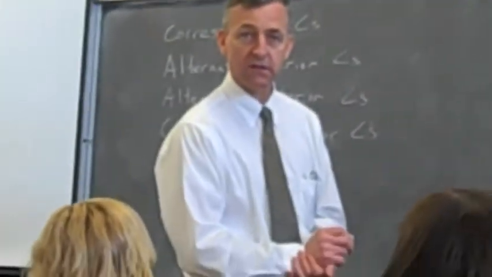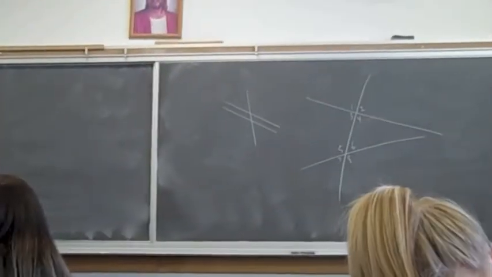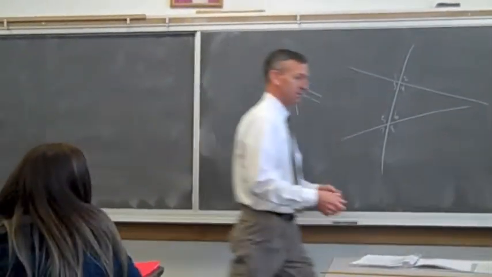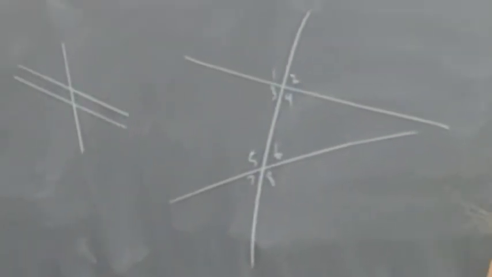Are we guessing? Did you guys do this? 4, 8, 1, and 5, yes? 3 and 7. No? You have 2 and 6, 4 and 8, 1 and 5, 3 and 7, right?